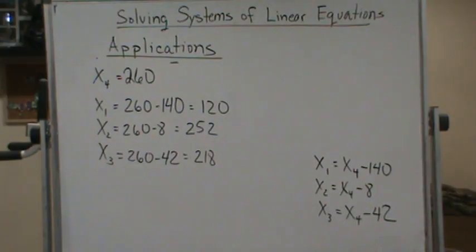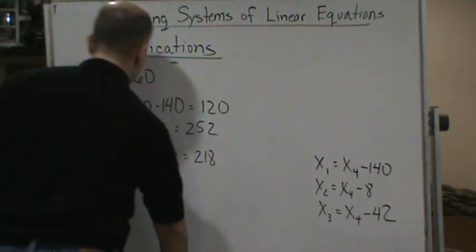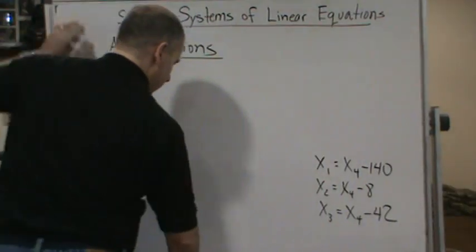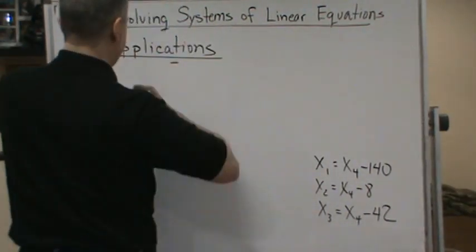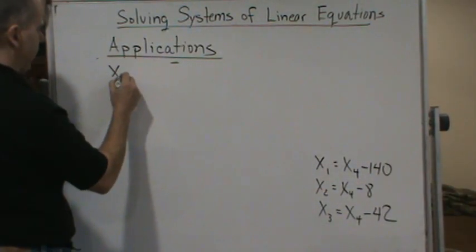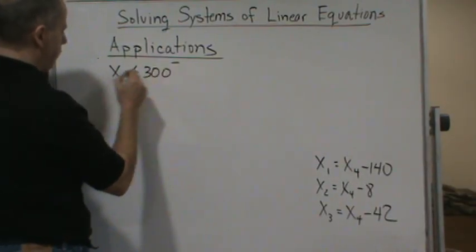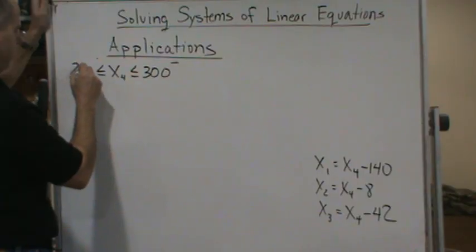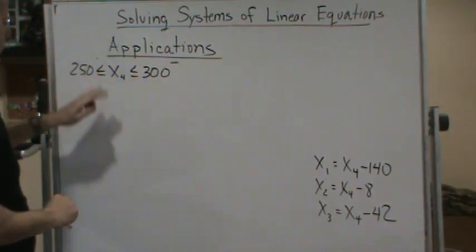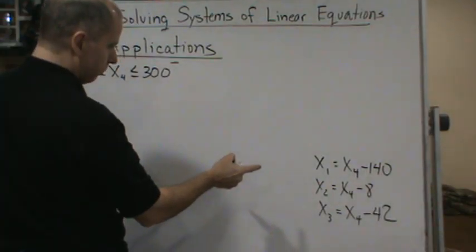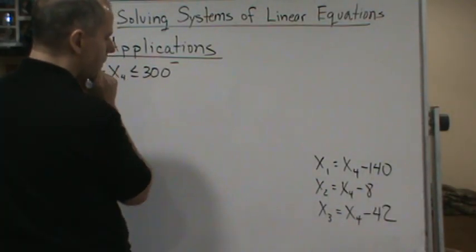That's a good one. I like that one. So now we're dealing with inequalities, right? So X4 is between 250 and 300 inclusive, right? So that means what?